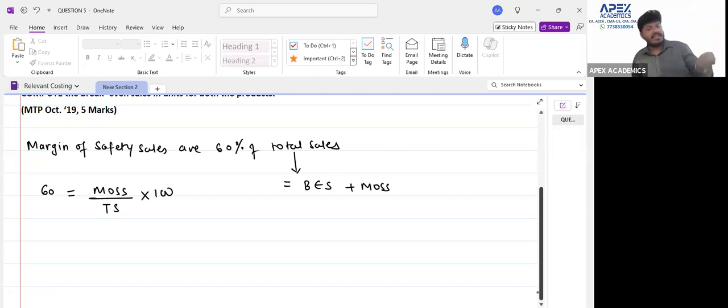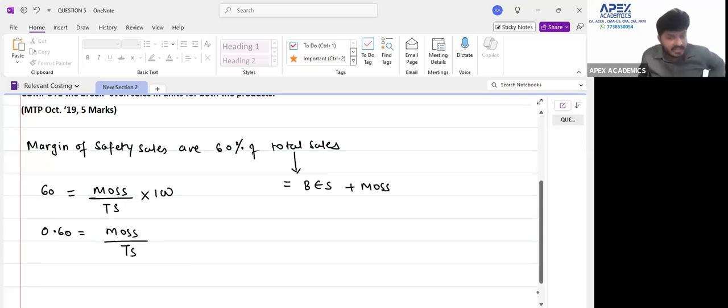That is, margin of safety is 60% of total sales. Is this the meaning of that statement? See here, MOS upon TS into 100 is equal to 60. Right? That is 60%. This can also be written as 0.60 is equal to MOS upon total sales. Agreed or disagreed? Agreed. This statement can also be written like this.